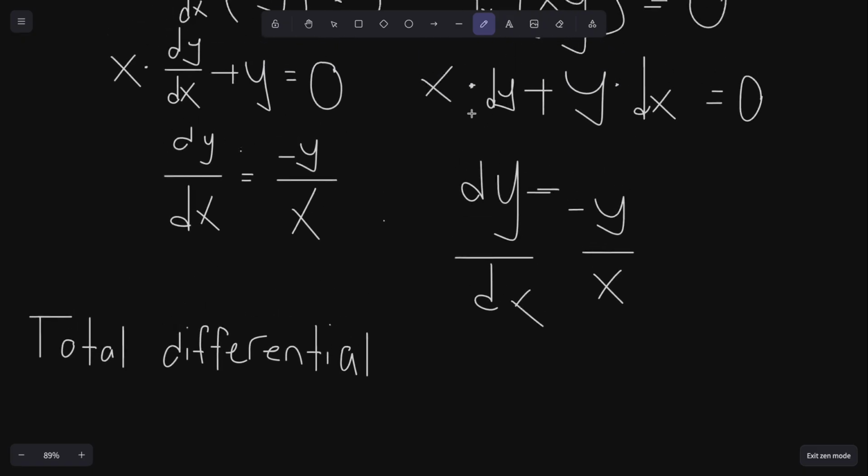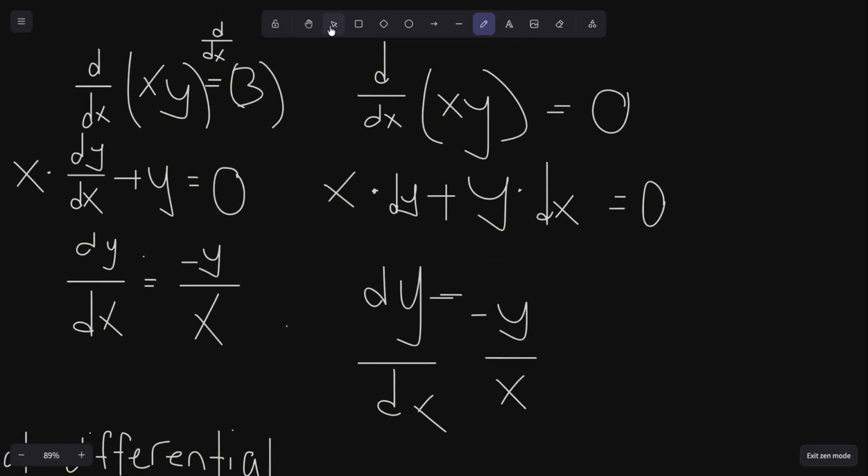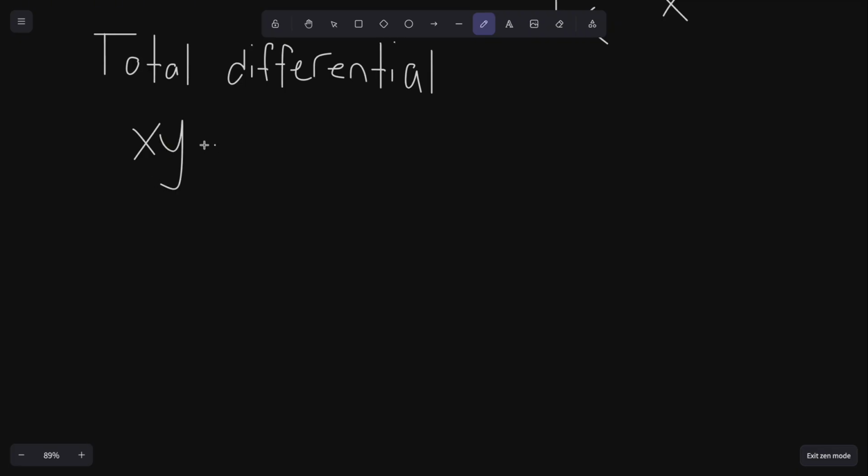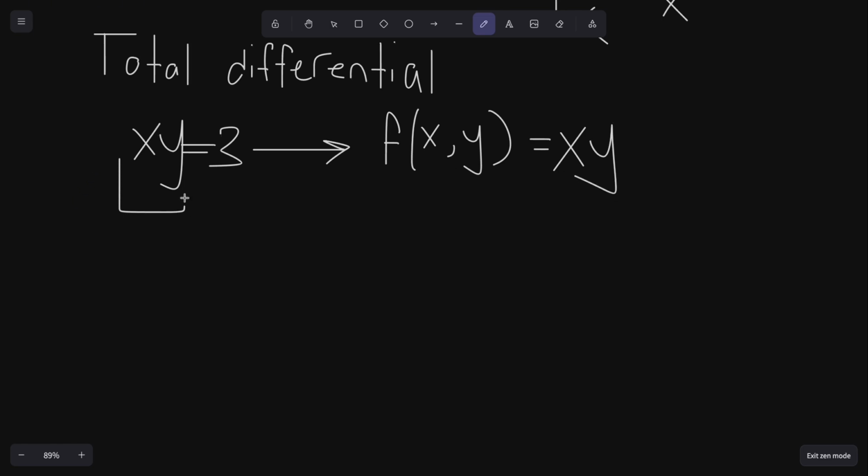So if you look back at our original function, x times y is equal to 3, notice how that's just a specific case of a multivariable function. If I have a function that takes in 2 inputs and gives out an output, this x times y is considered to be a multivariable function. You would agree that's so.